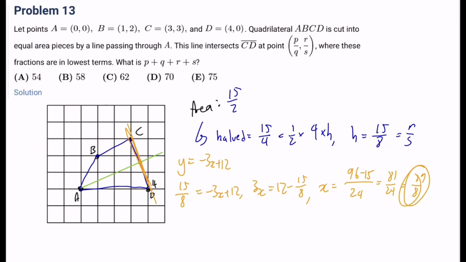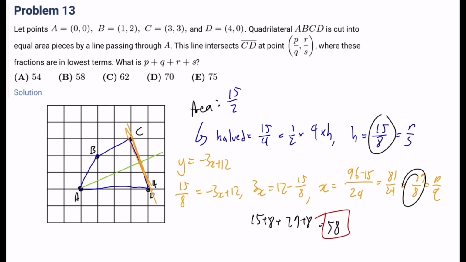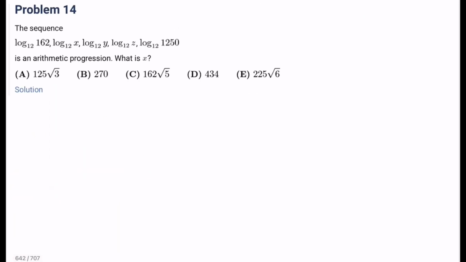And so this is our x value, that is P over Q, right? So we have RS and PQ. If we add them all together, it's 15 plus 8 plus 27 plus 8, which is 58, and that's our answer. It's B.